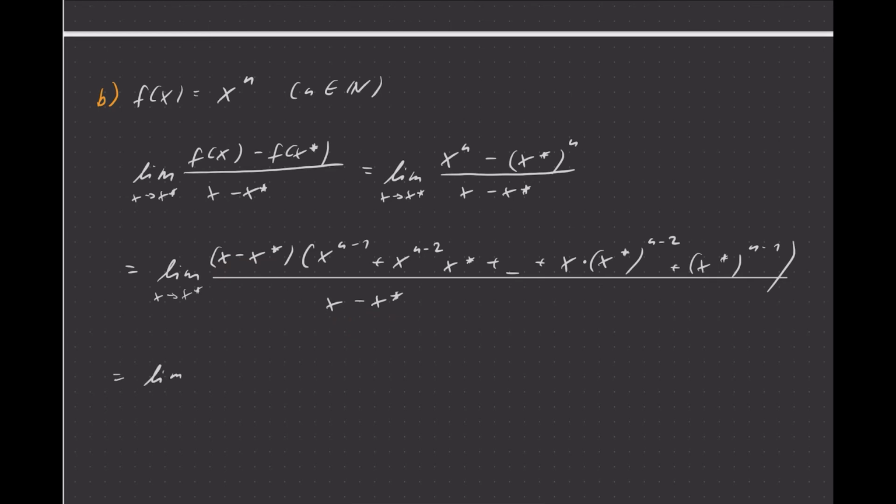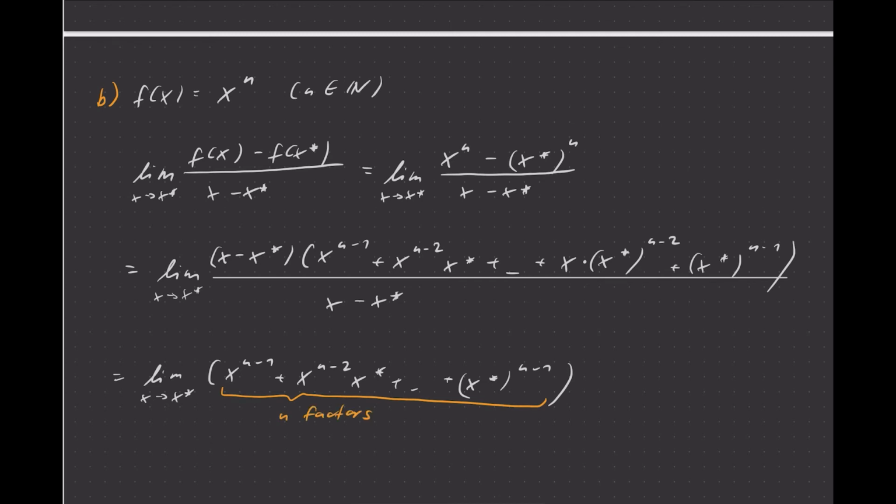So what we get is, again, the limit as x tends to x star. And now we're left with x to the power of n minus 1 plus x to the power of n minus 2 times x star plus and so on up to x star to the power of n minus 1. Now what we have here is exactly n factors, right? n summands in that sum.